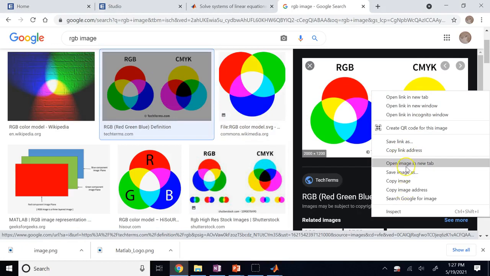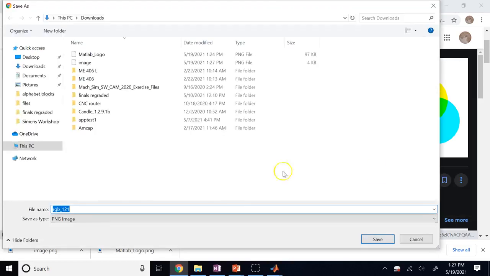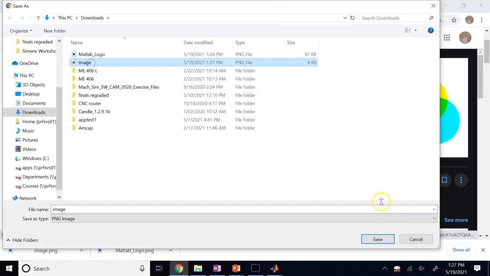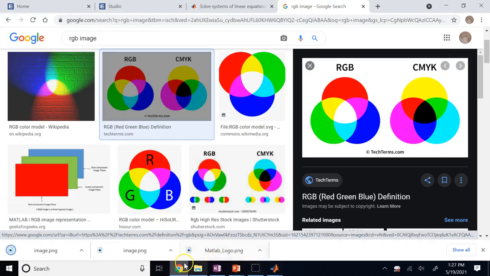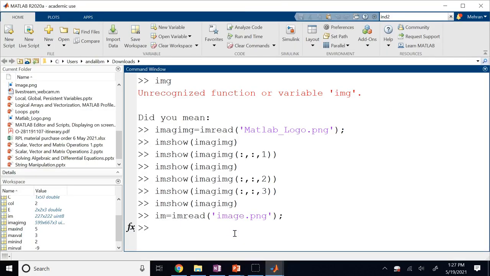It was really black and white. Let me see if I can get another image. Yeah, this is also black and white.